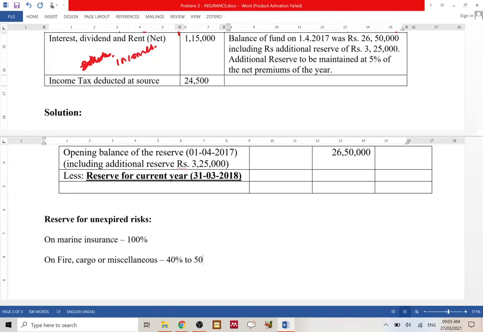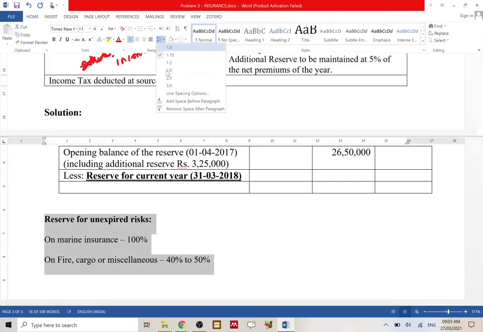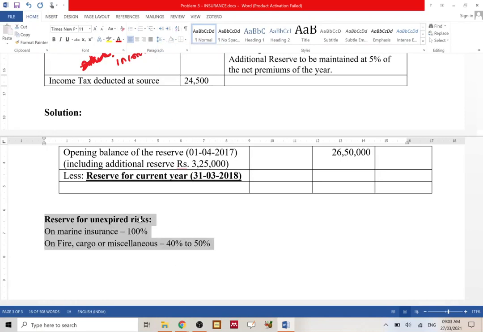Normally we take 40% if nothing has been provided, but around 40 to 50% is the rate given in case nothing is provided in the problem. So you have to remember this.